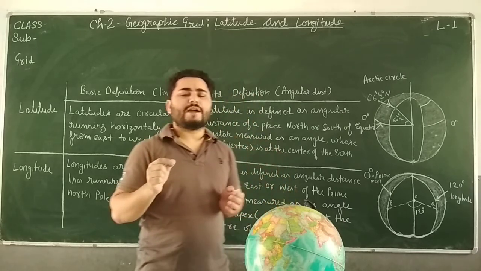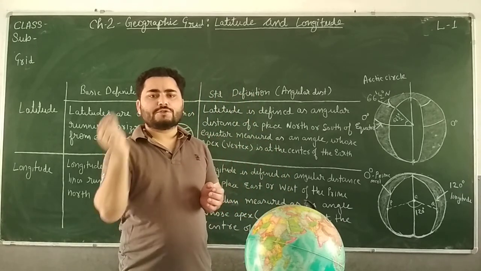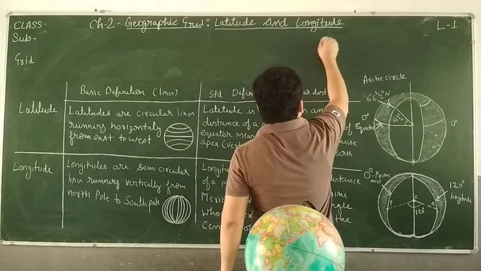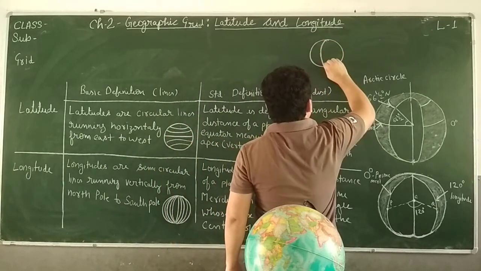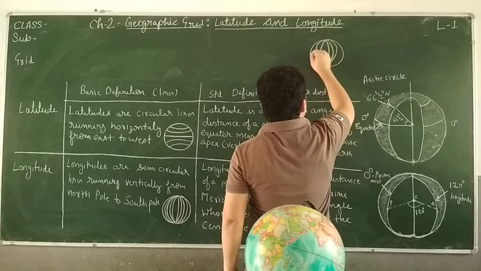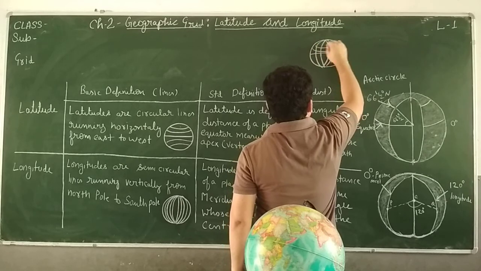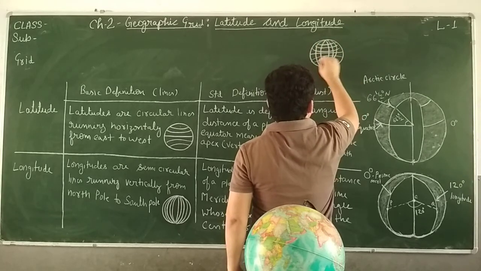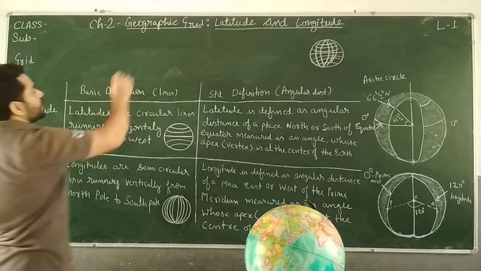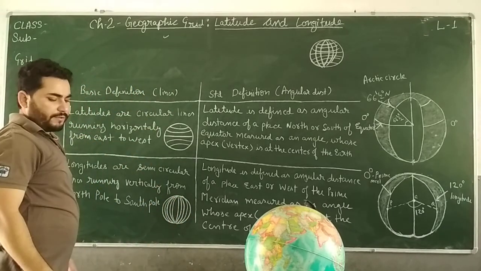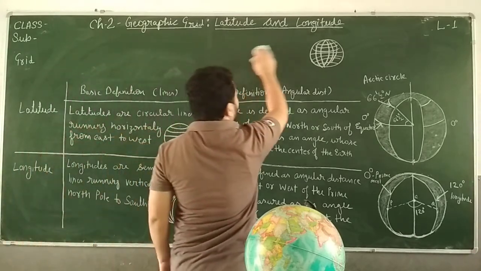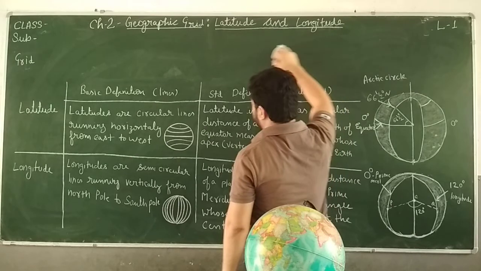Those lines are called lines of latitude. So these are lines of longitude, and these are lines of latitude. This network formed by these lines is called the grid system. This is the geographic grid. So we are going to study this geographic grid as well as lines of latitudes and longitudes.